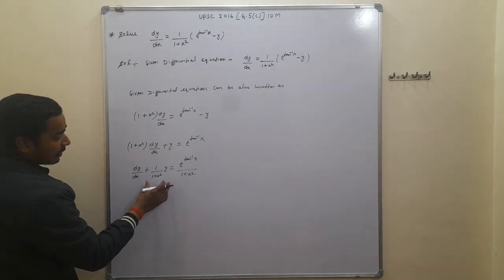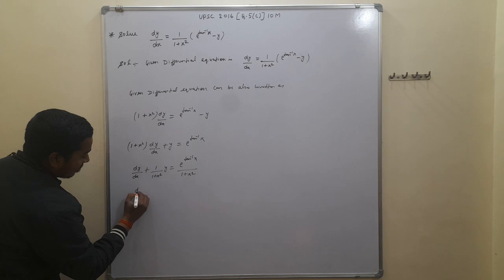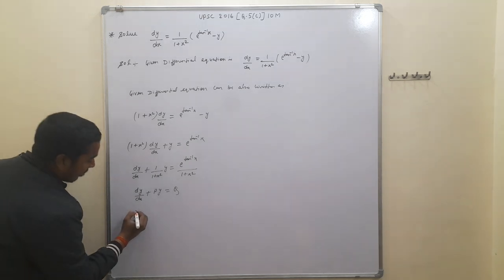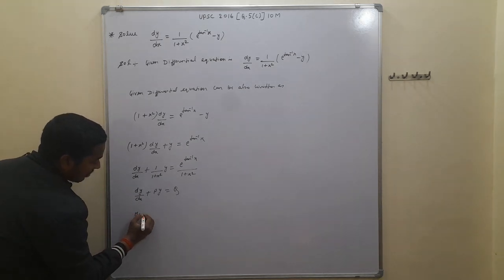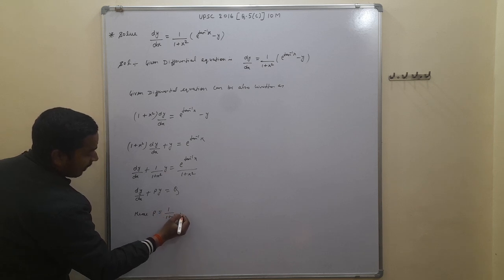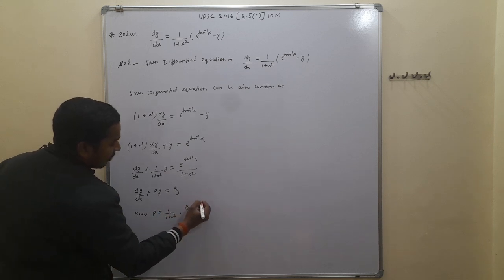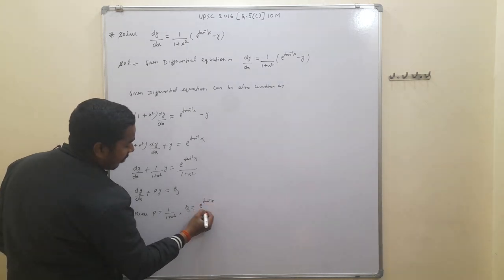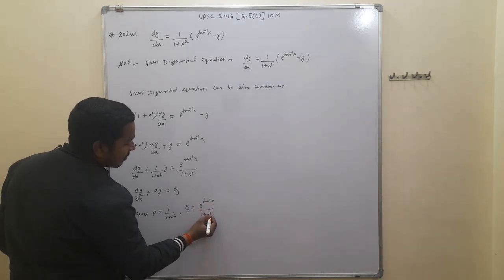Comparing the above equation with the linear differential equation dy by dx plus Py is equal to Q, we get P is equal to 1 upon 1 plus x square and Q is equal to e to the power of tan inverse of x upon 1 plus x square.